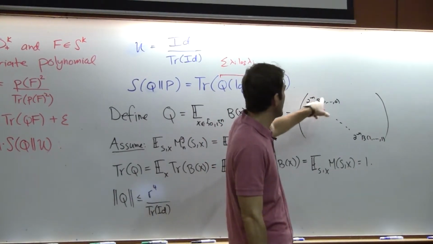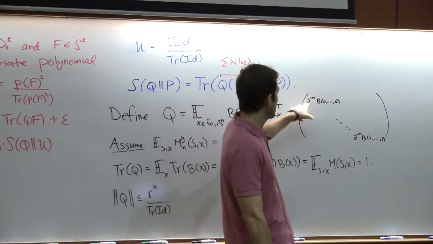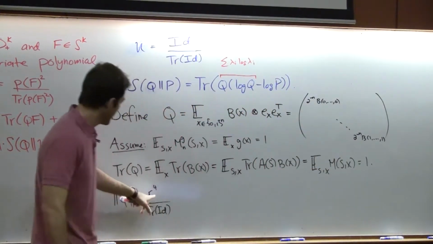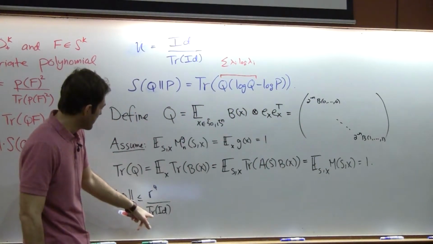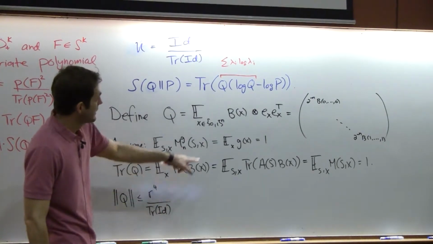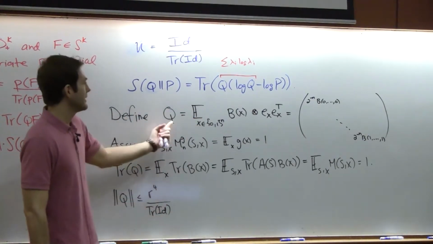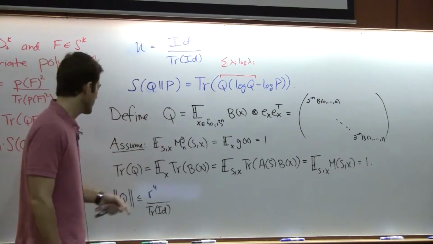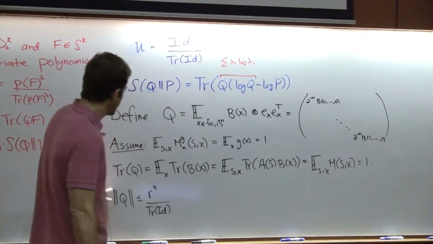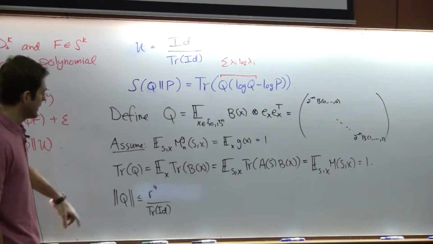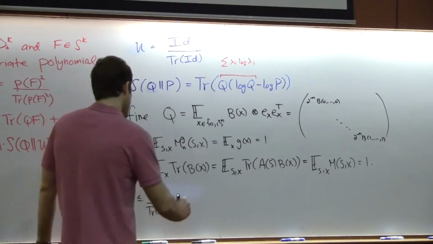The new dimension is 2 to the n times the dimension here, so we get r to the 4th divided by 2 to the n times the dimension of b, which is the dimension of this q. So q is bounded like this.